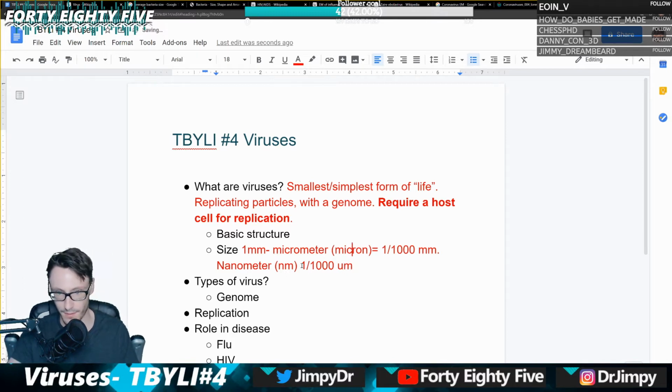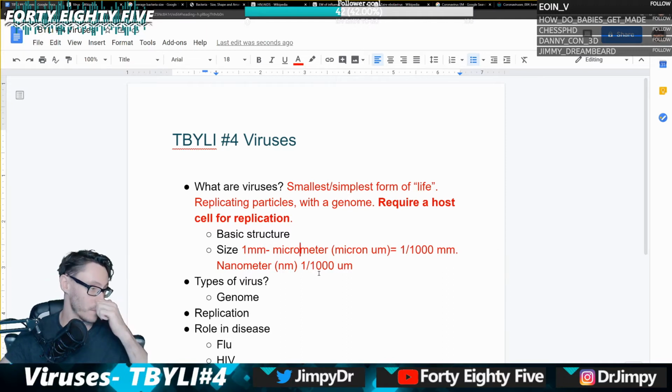A micron often uses the Greek letter mu, which we'll just write as U. A nanometer is 1/1000th of a micrometer, which makes it one millionth of a millimeter. And 1 millimeter is 1/1000th of a meter, which is the standard unit.